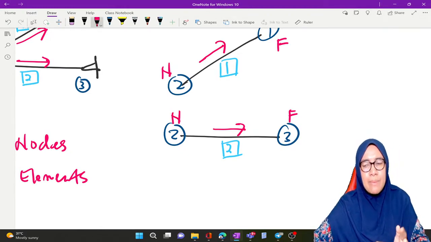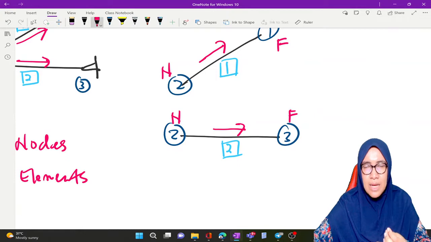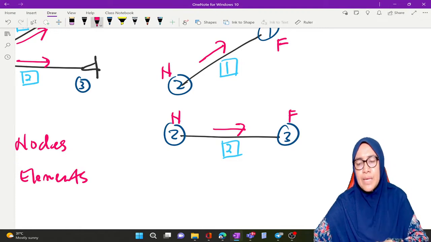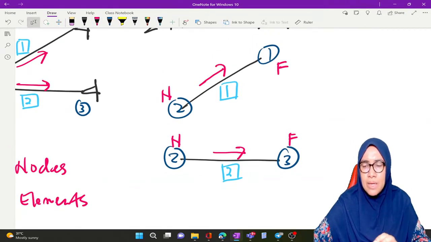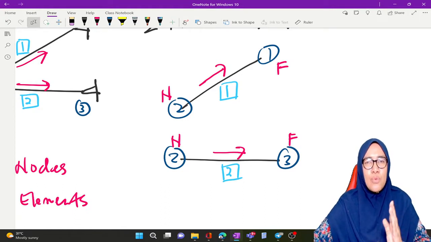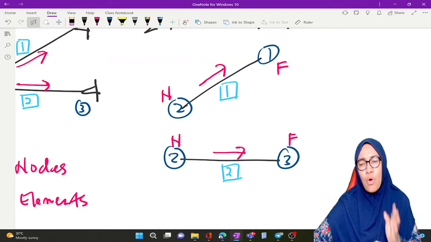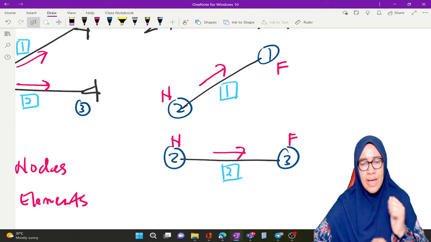And always remember, we can put the arrow in any direction that we like, but it will influence the position of the near and far end. Always remember, the arrow is always going to the far end.